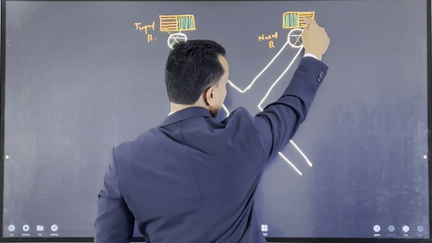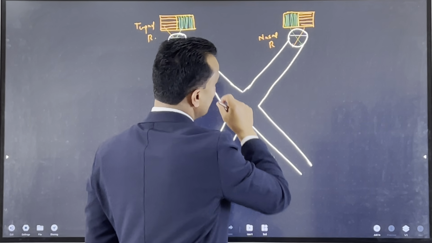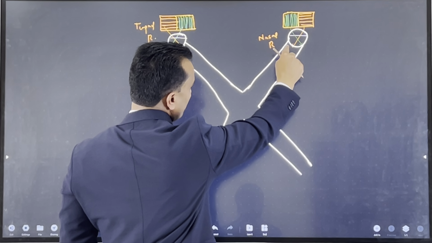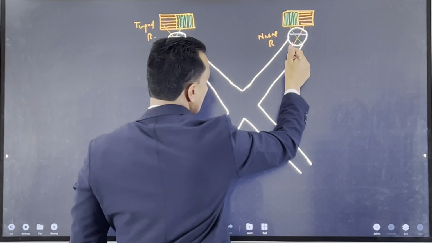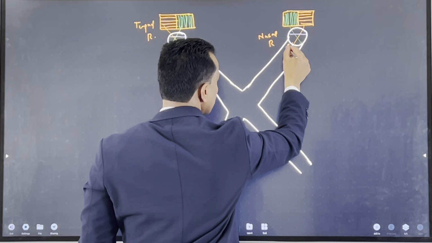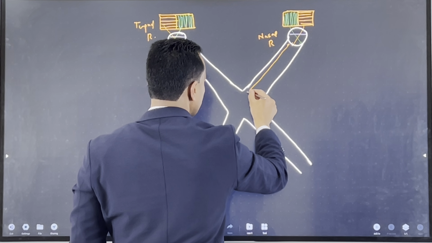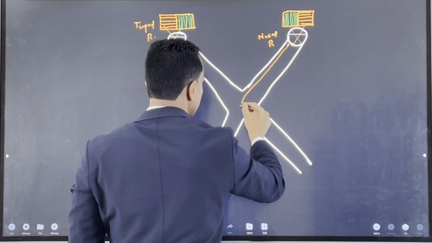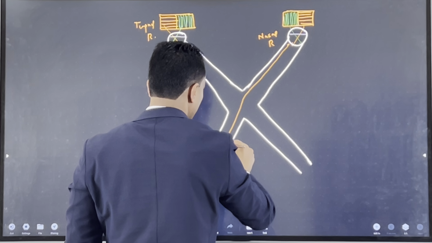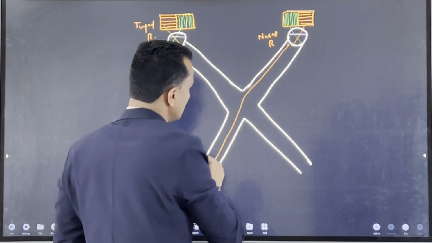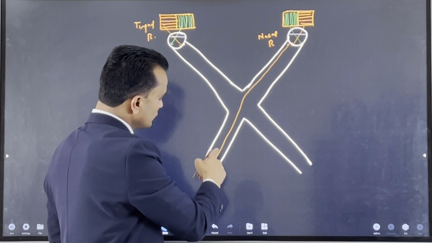So the light which is coming from the temporal visual field area enters the opposite side and continues as the nasal retina. It is on the medial side. And it is going to cross to the opposite side and enter the optic tract of the opposite side.